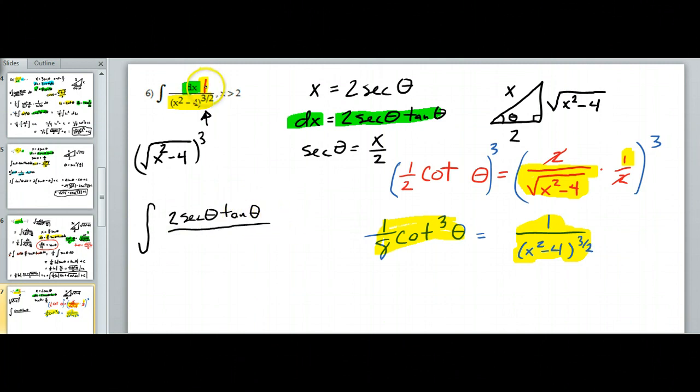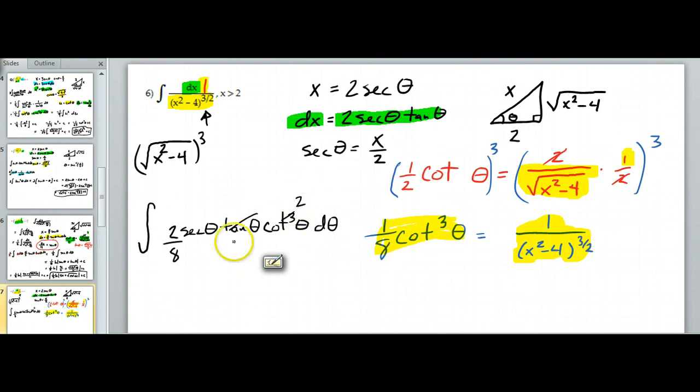All this in yellow is 1/8 the cotangent cubed, so I'm going to put 2 over 8, cotangent cubed. Now tangent will get rid of one of these cotangents. Now 2/8 reduces to a 1/4.